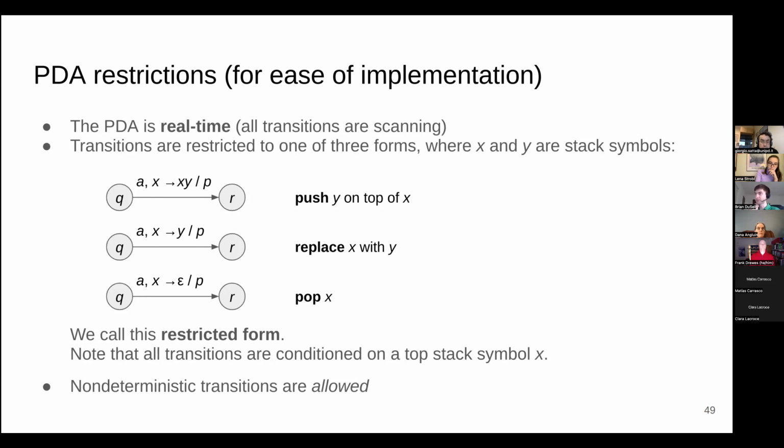We have a push form, which pushes symbol Y on top of X. We have a replace form, which just replaces the top. And we have a pop form, which just gets rid of a symbol entirely. We call this the restricted form for PDAs. Note that all the transitions here are always conditioned on a top stack symbol X. But importantly, even though we have these restrictions, we still allow transitions to be non-deterministic. So it's okay to have multiple choices leading out of the same configuration.